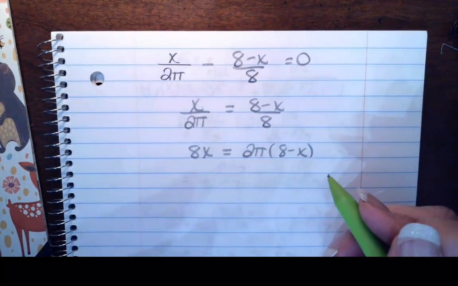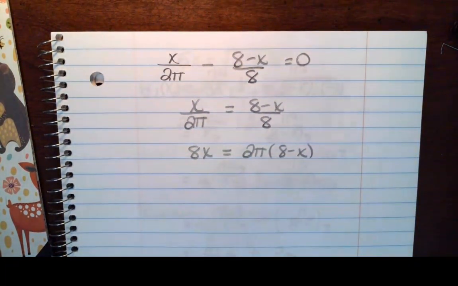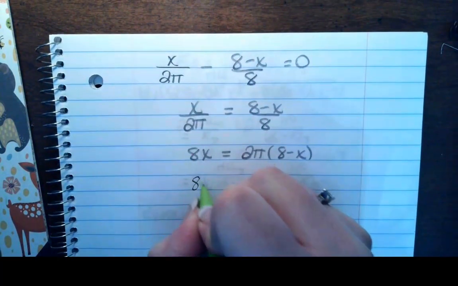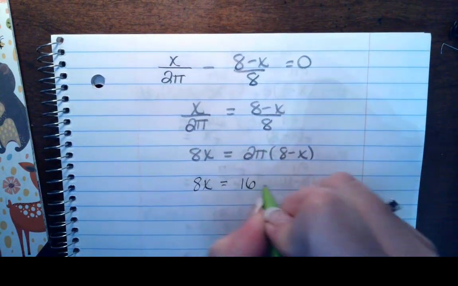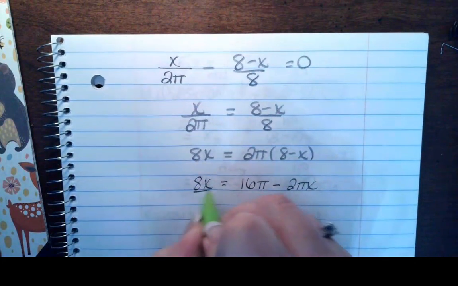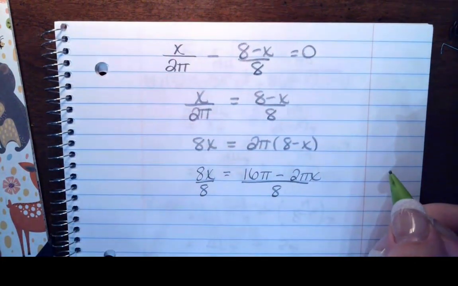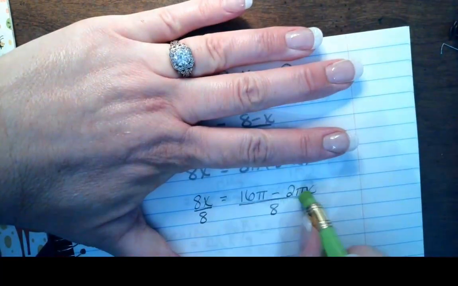Okay. And then I'm going to distribute my 2 pi, which gives me 16 pi minus 2 pi x. And then I'm going to divide both sides by 8. Okay, so actually I've got x's on both sides, so I'm not going to divide by 8.